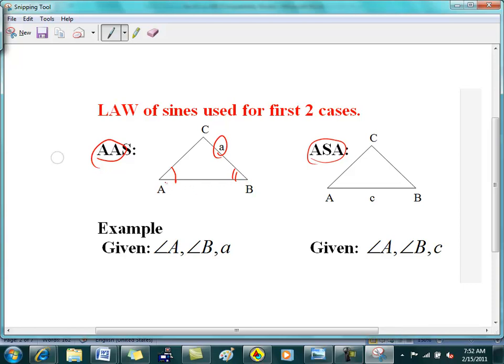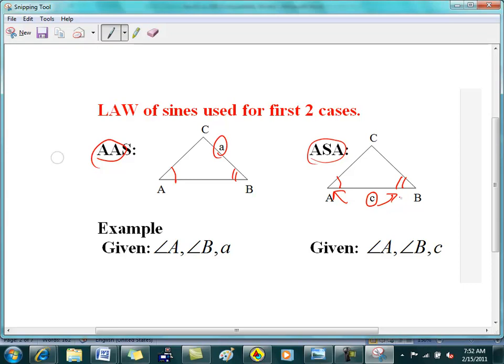In other words, that side doesn't touch both the angles. Unlike ASA, where you're given angle A, angle B, and side C, which touches both the angles. So that's the main difference between the two. However, both cases have to be solved with law of sines.